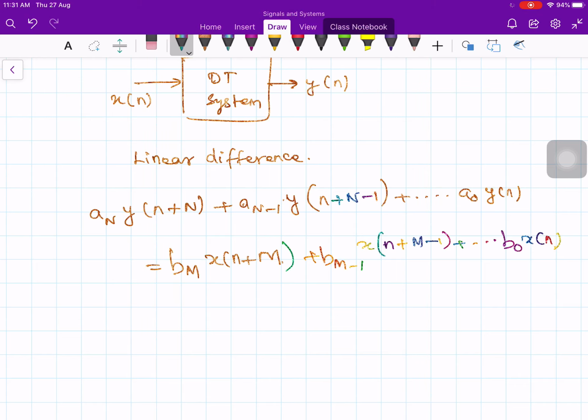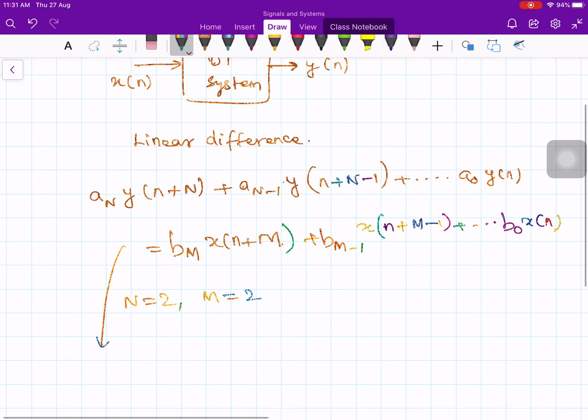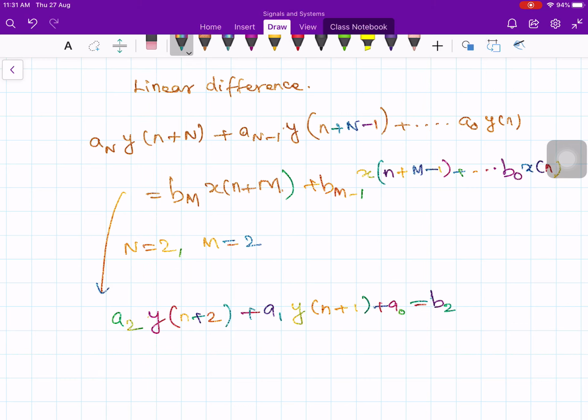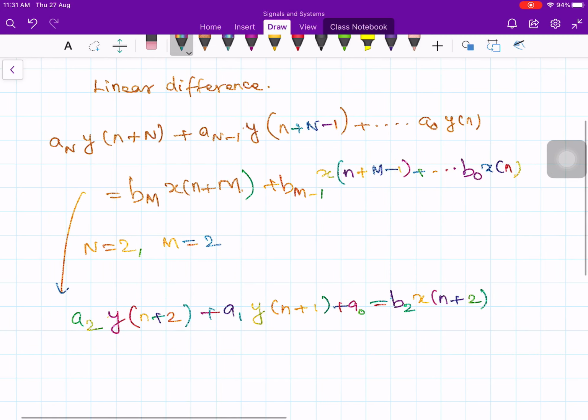Okay. Now, let us assume capital N is equal to 2 and capital M is equal to 2. Therefore, this equation reduces to a suffix 2 y of n plus 2 plus a1 y of n plus 1 plus a naught y of n is equal to b2 x of n plus 2 plus b1 x of n plus 1 plus b naught x of n.